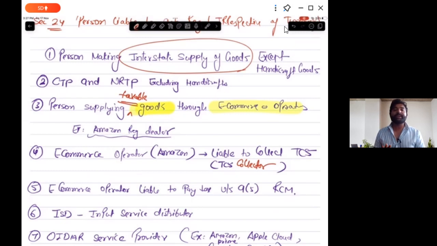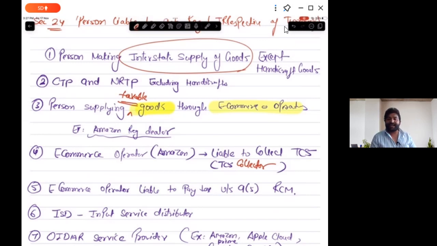They are not covering interstate supply of services. So I can do interstate supply of services without getting registered if my turnover is not crossing the limit. If I am not covered in section 22, even section 24 will not be applicable, because they are only and only covering interstate supply of goods.